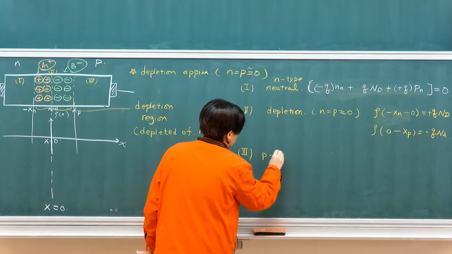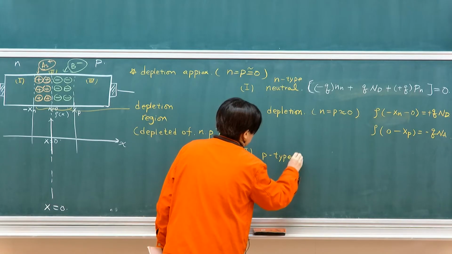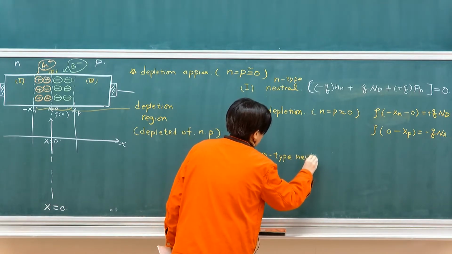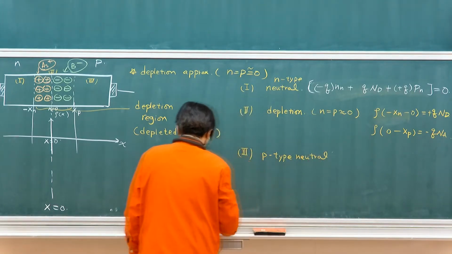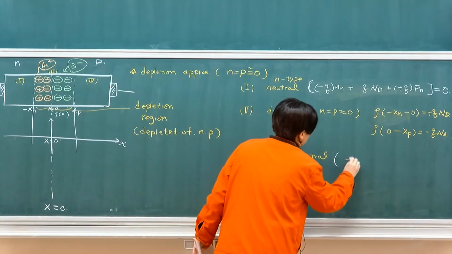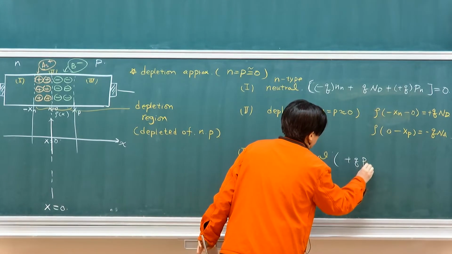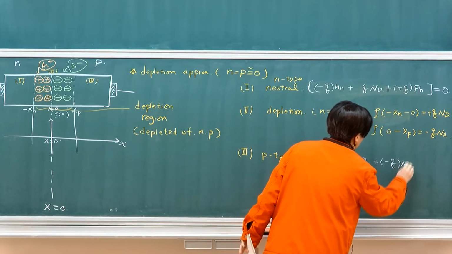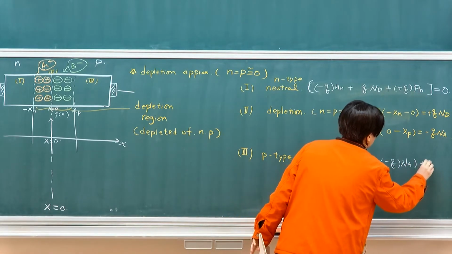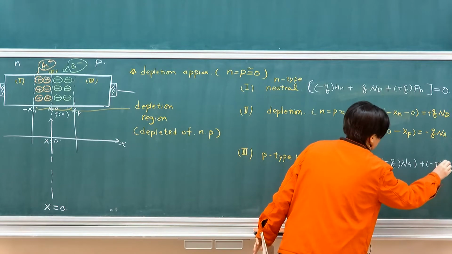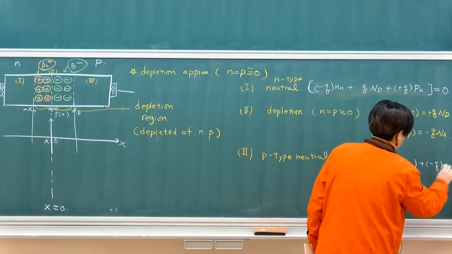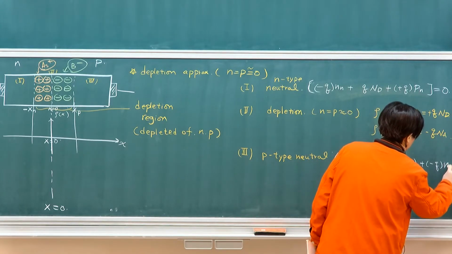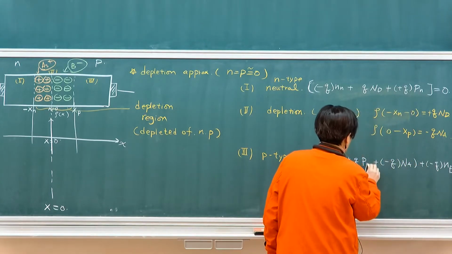On the p-type neutral region, it will be positive pp plus minus q Na plus minus q pp.